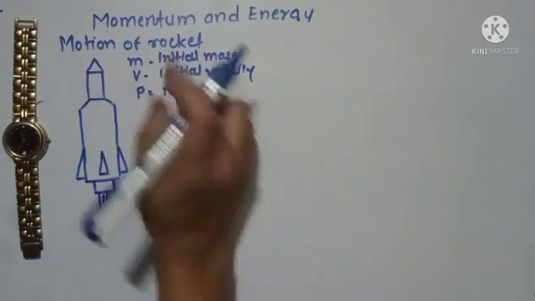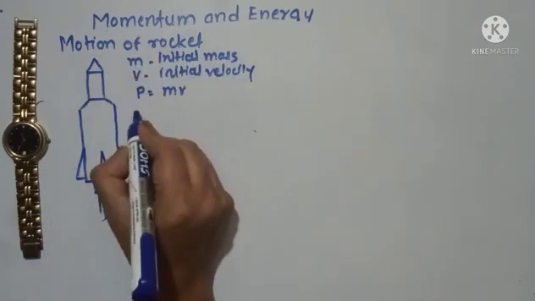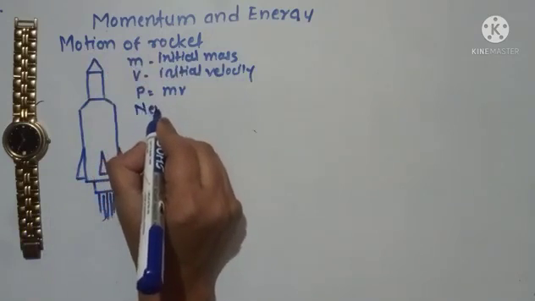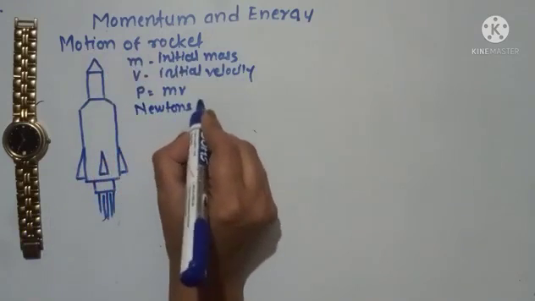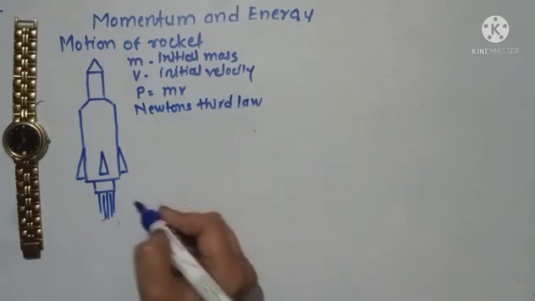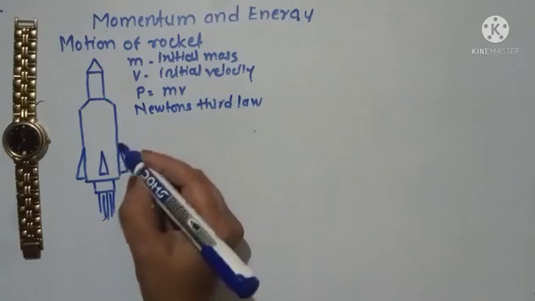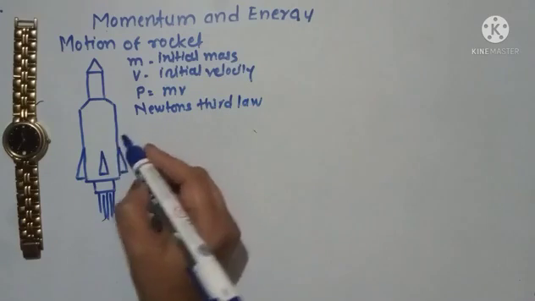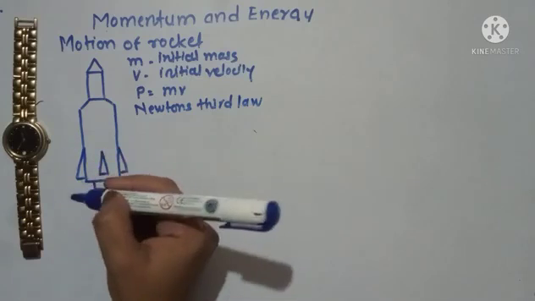So this motion of the rocket is mainly based on Newton's third law, which says that every action has an equal and opposite reaction, due to the combustion of the fuel.